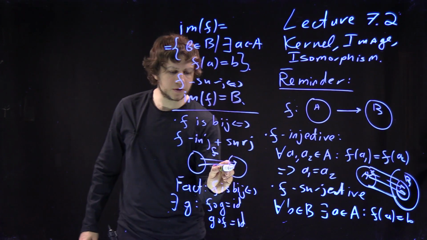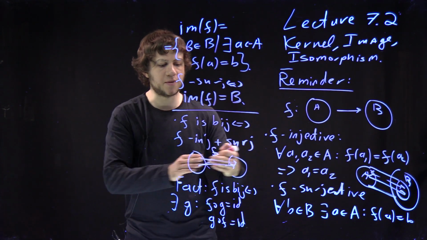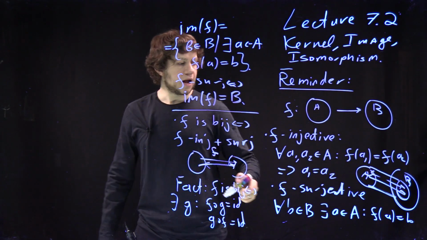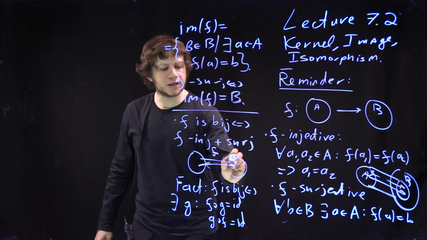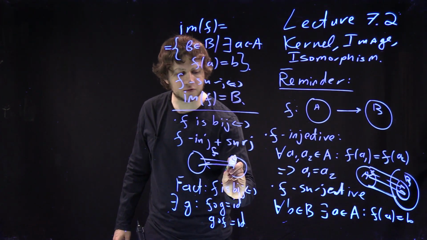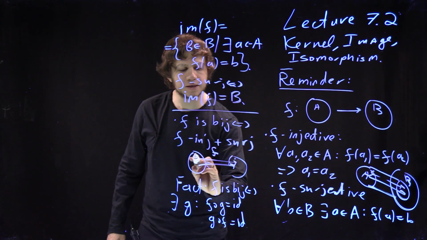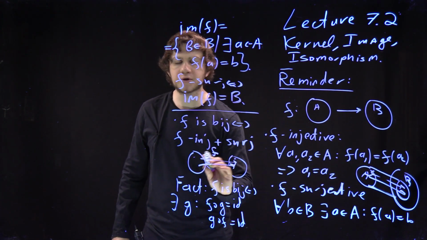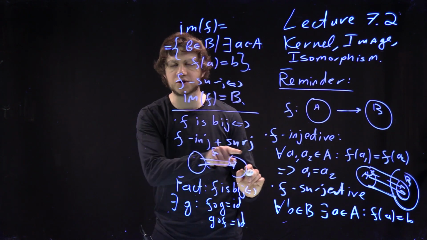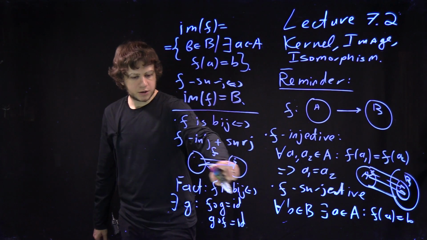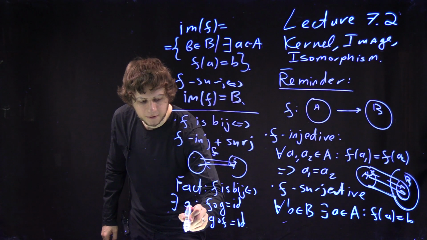This is called the inverse. The fact that it is surjective means that you can define it for every element in B, and the fact that it is injective means that this map backwards is well defined. For every element there is just one pre-image. This G is usually denoted by F inverse.